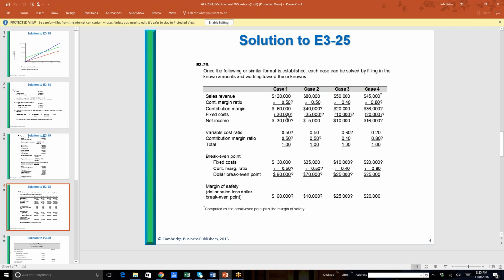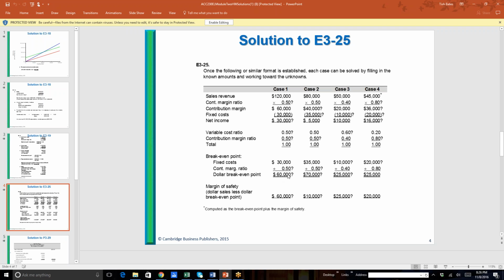Okay, so the variable cost ratio has to be 50% because the ratios between the contribution margin and the variable costs have to total 1, or 100%. Does that make sense? You see that across here? And then the break-even point is going to be fixed costs divided by the contribution margin ratio, which we know right here.